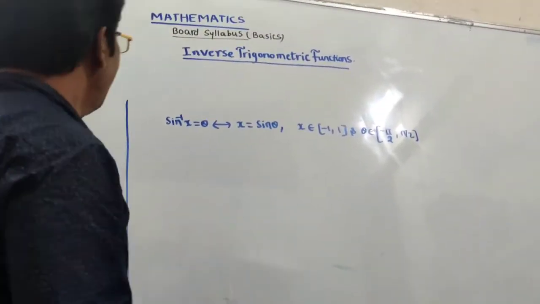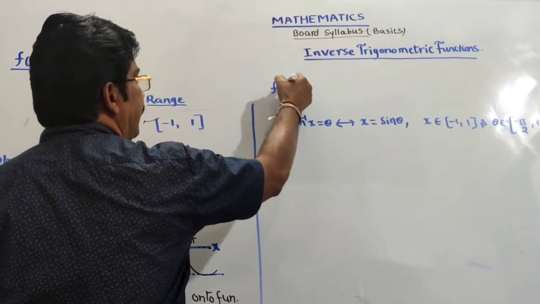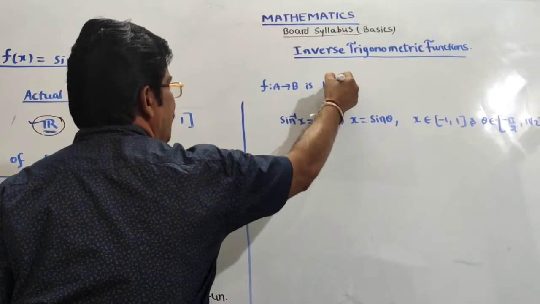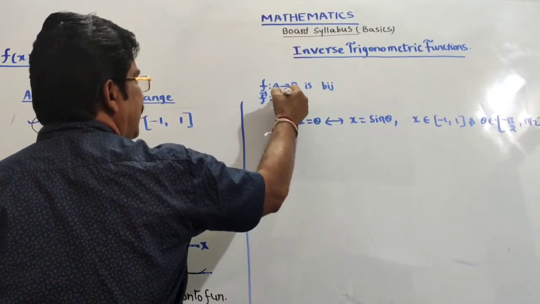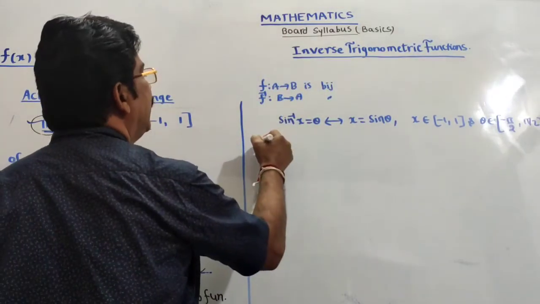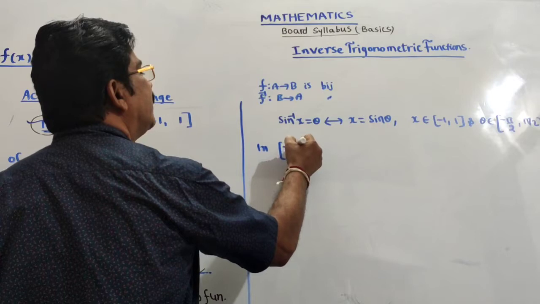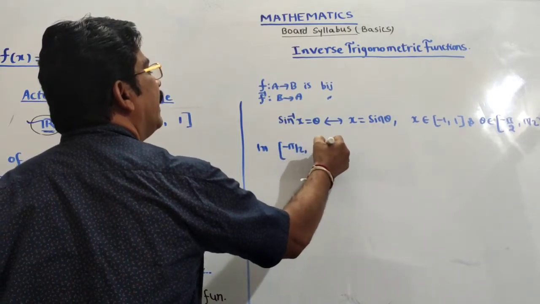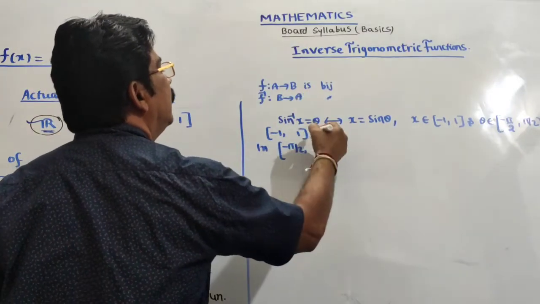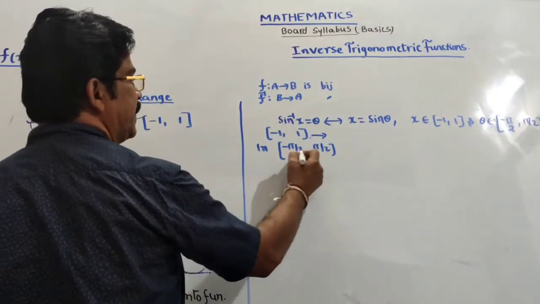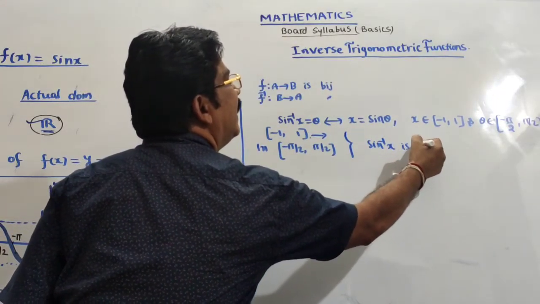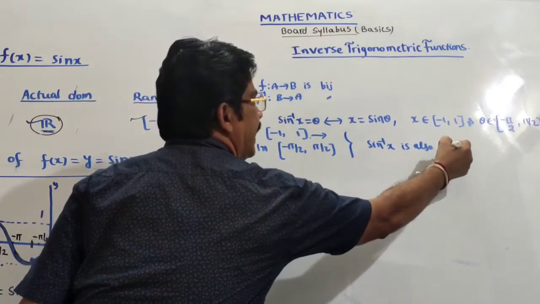So actually in functions, if f from A to B is a bijective function, then its inverse from B to A is also bijective. So what I am telling is that from the closed interval of minus 1 comma 1 to the closed interval of minus pi by 2 to plus pi by 2, sine inverse x is also a bijective function.